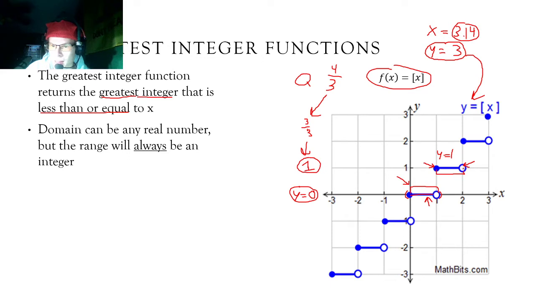Well, remember, the highest integer here goes up to the next group. Because if you have 2 or higher for your x, your y will be equal to 2 automatically. So it's just going to jump right up to 2 whenever you go to 2 for x or higher. All right. So this is the greatest integer function.